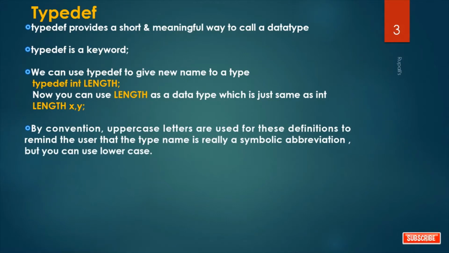By convention, uppercase letters are used for this definition to remind the user that the type name is really a symbolic abbreviation, but you can use lowercase also.